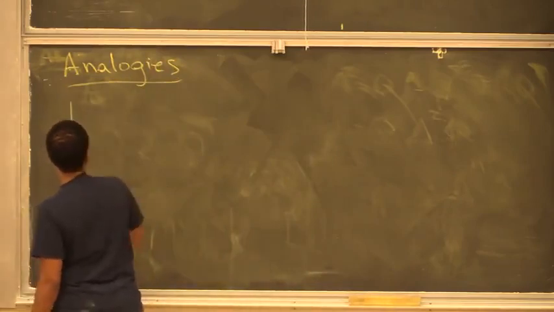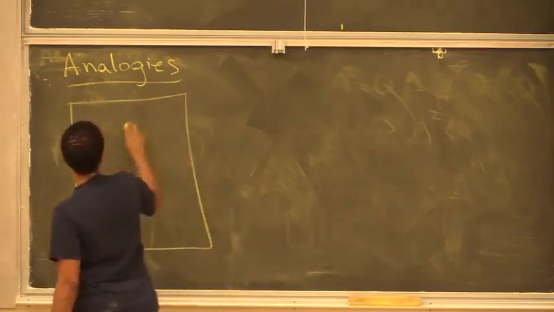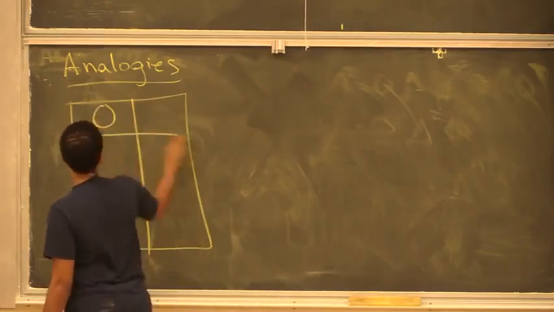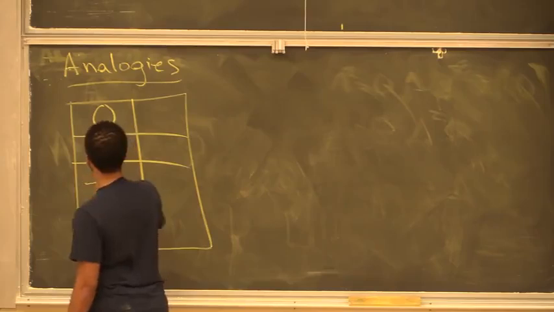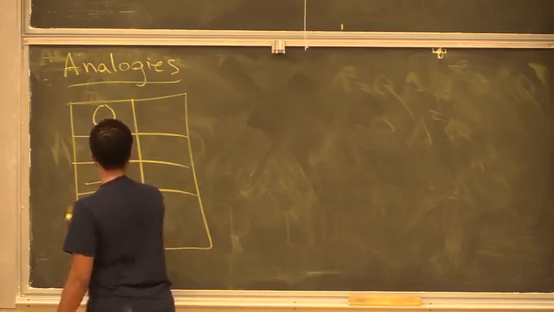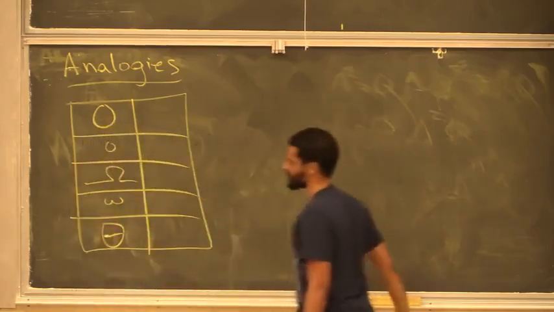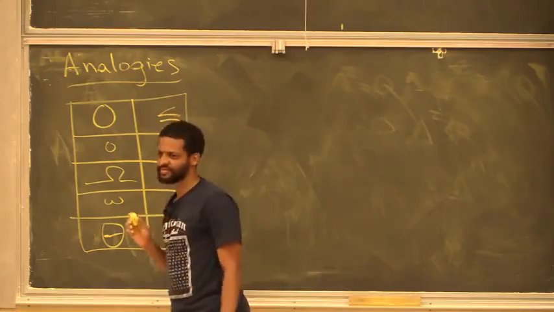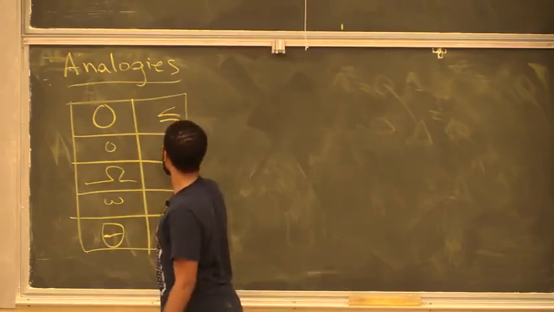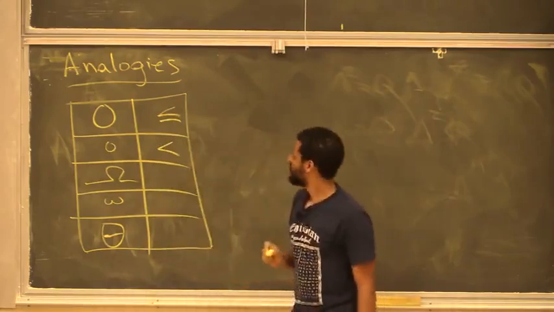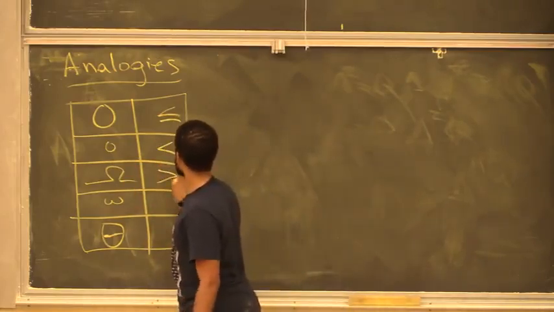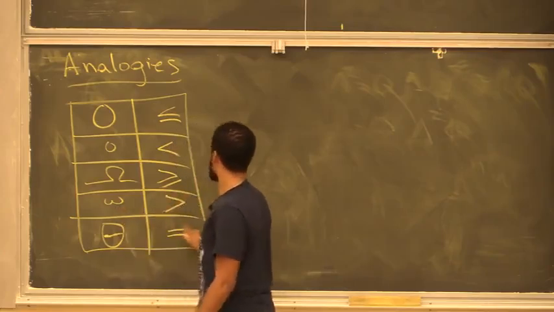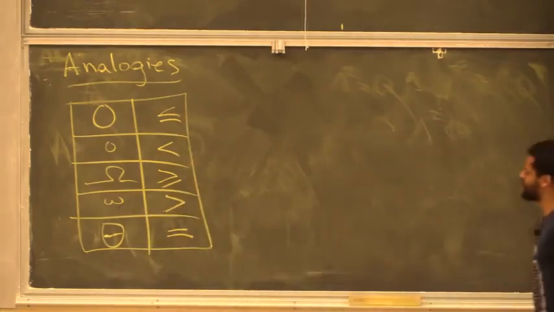There's big O, little o, big omega, little omega, theta. Big O is sort of like less than or equal to. Little o is sort of like strictly less than. Big omega is like greater than or equal to. Little omega is like strictly greater than. And theta is like equality. So these are the analogies to keep in mind, right?